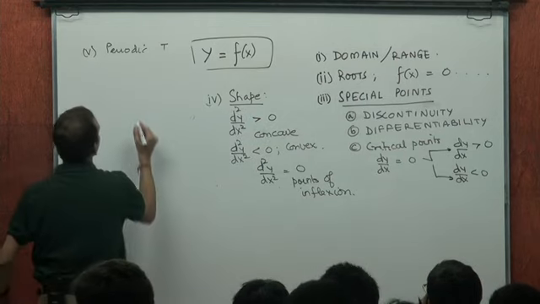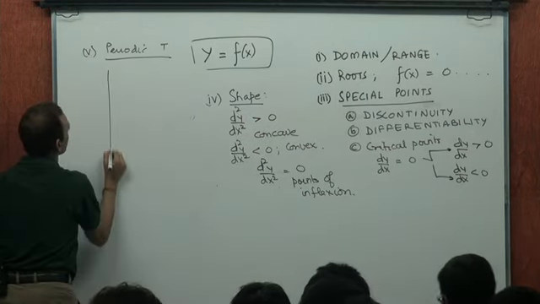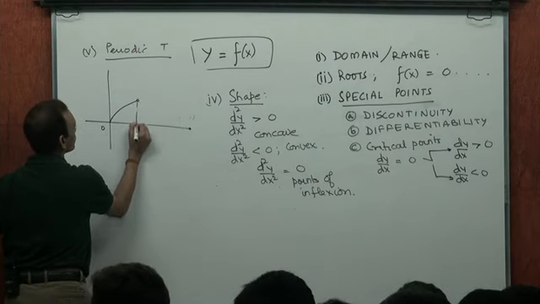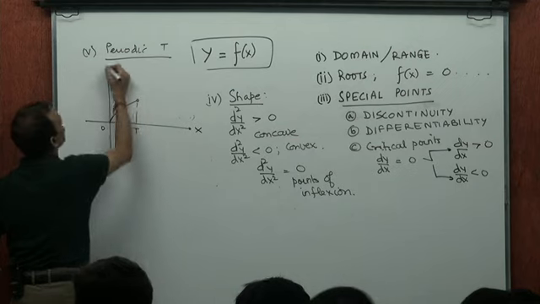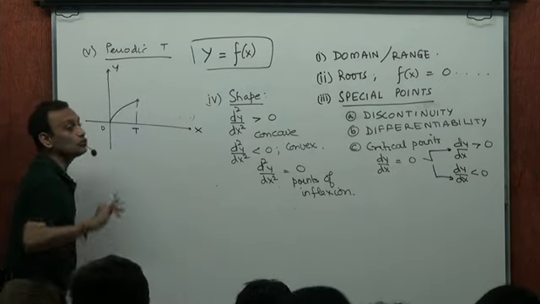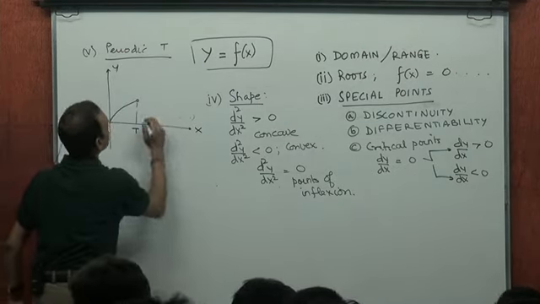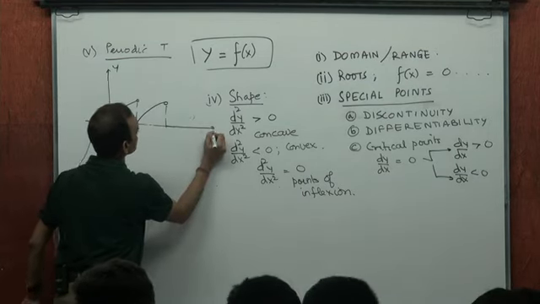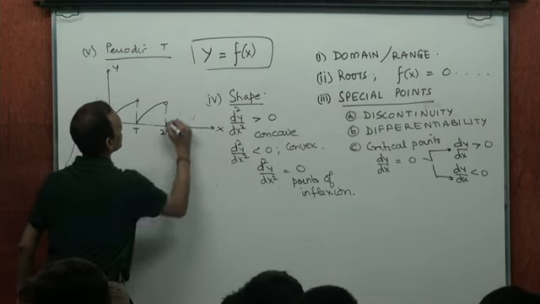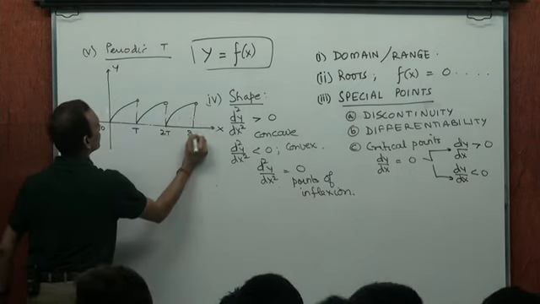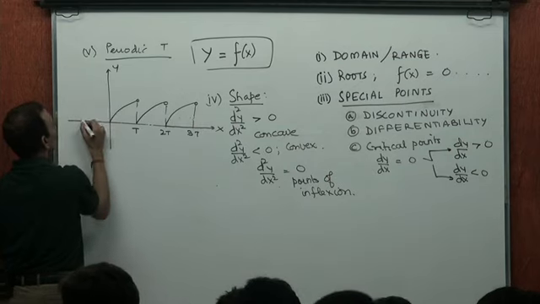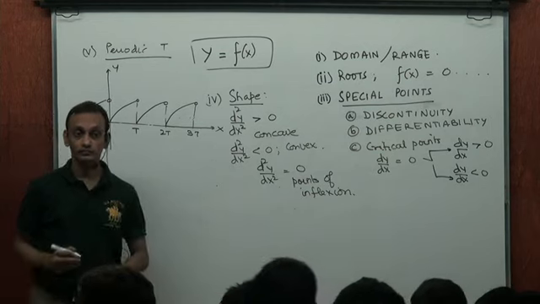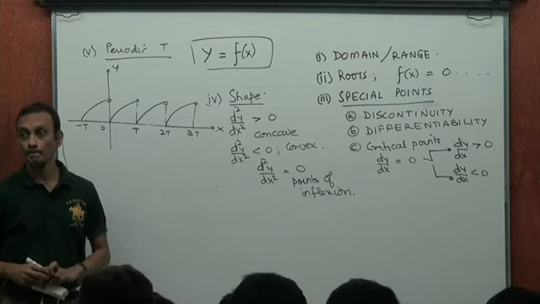If you know that the curve is periodic with periodicity T, and you know how to trace the curve from 0 to T, then don't do anything else. Then simply copy and paste this portion to reflect periodicity. And so on and so forth, right?